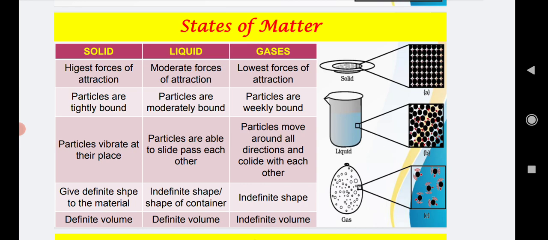In the second image, the liquid of the same volume has fewer particles, but the space between them is more and they have random direction of movement. They collide with each other, they collide with the walls of the container, and they have space between them.